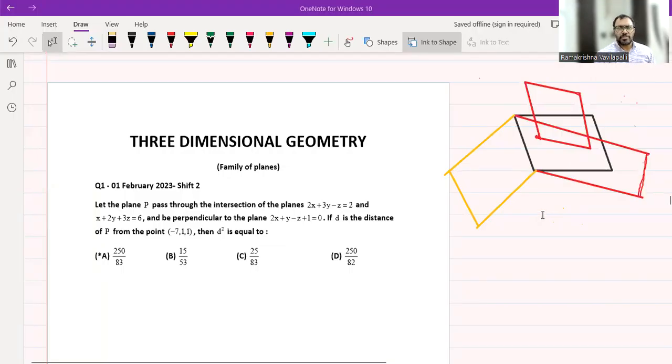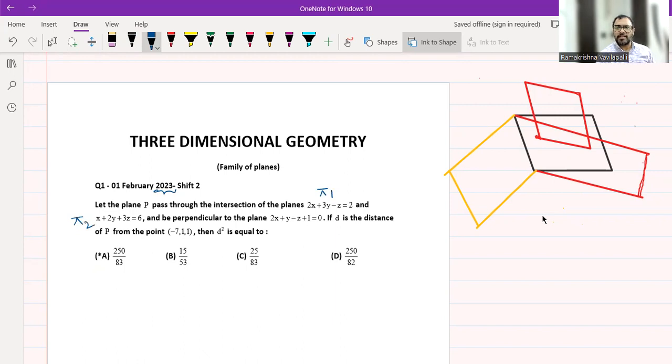So here are a few questions from previous JEE Main. Asked on February 1st, 2023: let the plane P pass through the intersection of the planes. Assume this is pi 1 and this is pi 2.